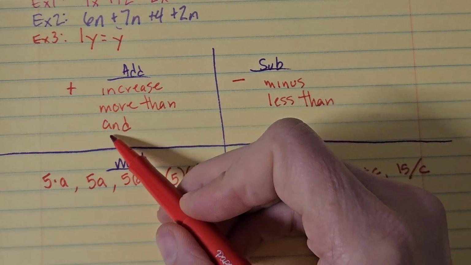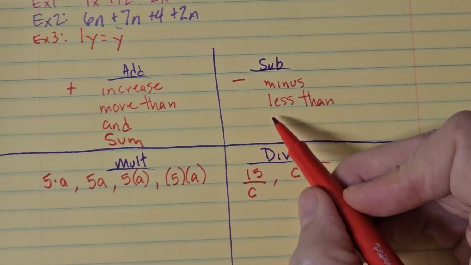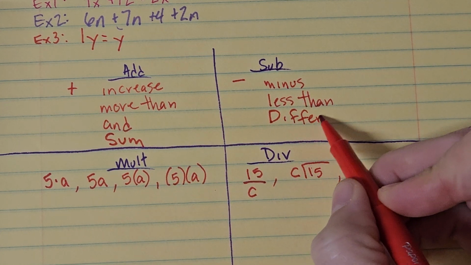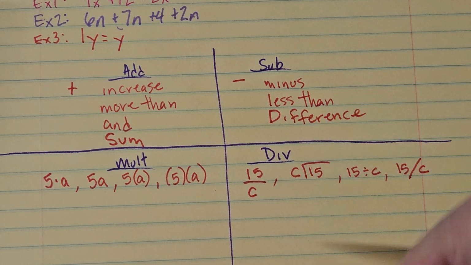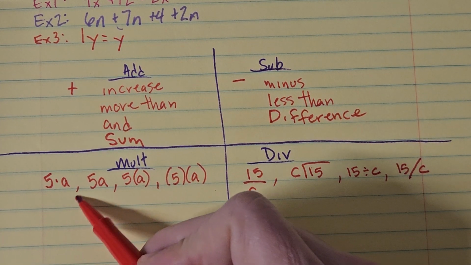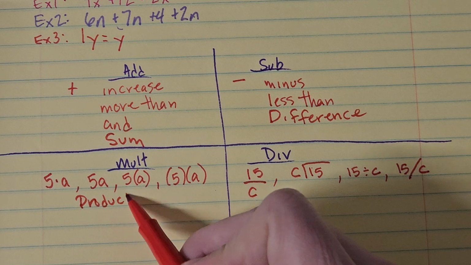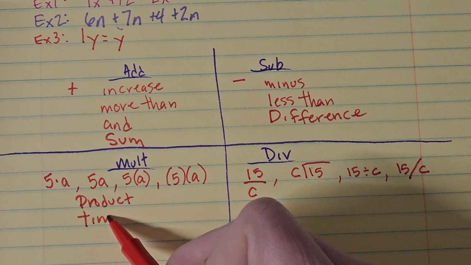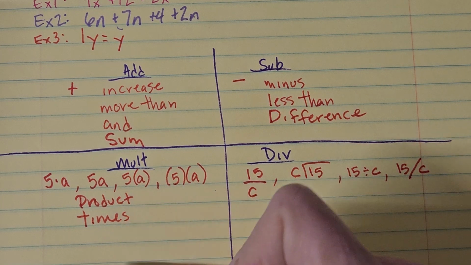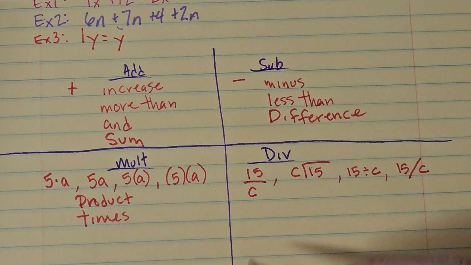Over here you could have the sum, which is the answer when you add. You could have the difference, which is the answer when you subtract. For multiply, you could have product, times. Product is the answer when you multiply. There are some other ones we can get to later.